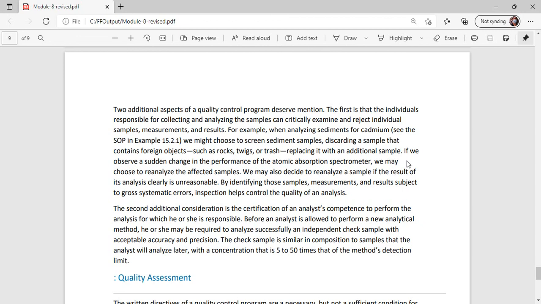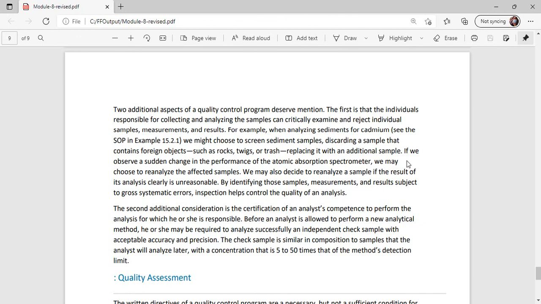If we observe a sudden change in the performance of the atomic absorption spectrometer, we may choose to reanalyze the affected samples, and we may also decide to reanalyze a sample if the result of the analysis is clearly unreasonable. By identifying those samples, measurements, and results subject to gross systematic error, inspection helps control the quality of your analysis.